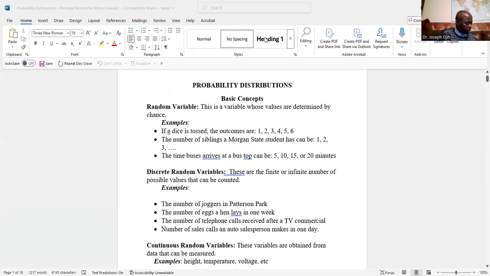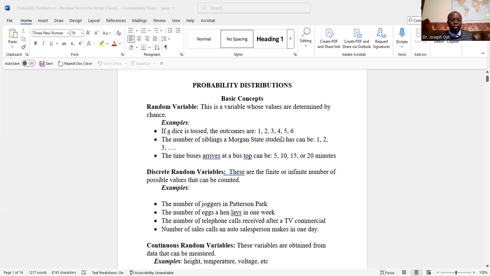How about this? You check the number of eggs that a hen lays in 1 week. You can count them. You cannot say 1.5 eggs or 2.5 eggs, but you can say 1 egg, 2 eggs, 3 eggs.